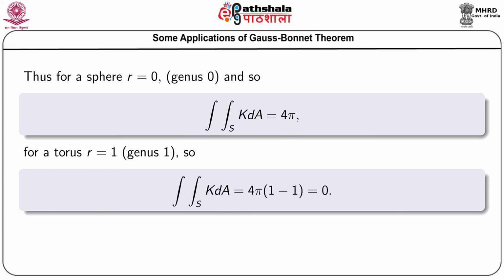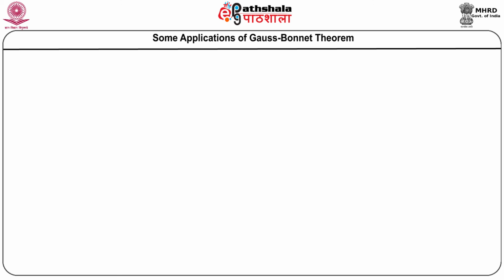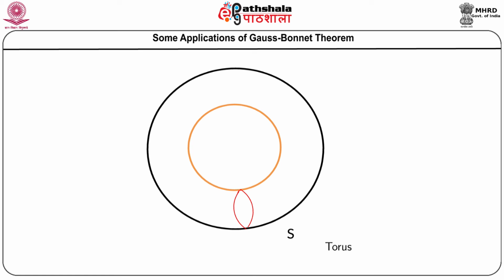So, this is the figure of a torus of genus 1, there is one hole and the integral curvature for this torus is 0.